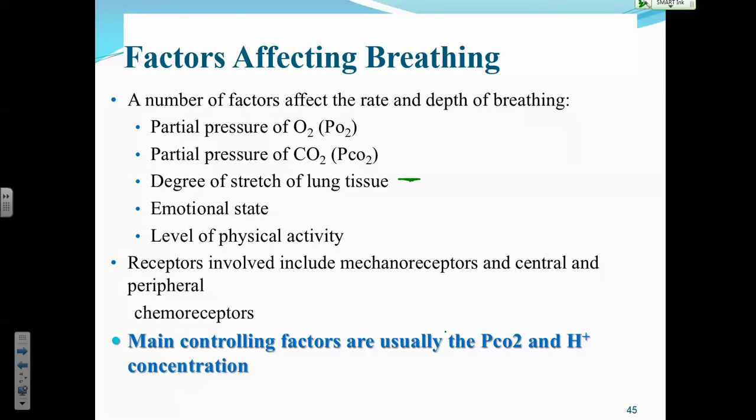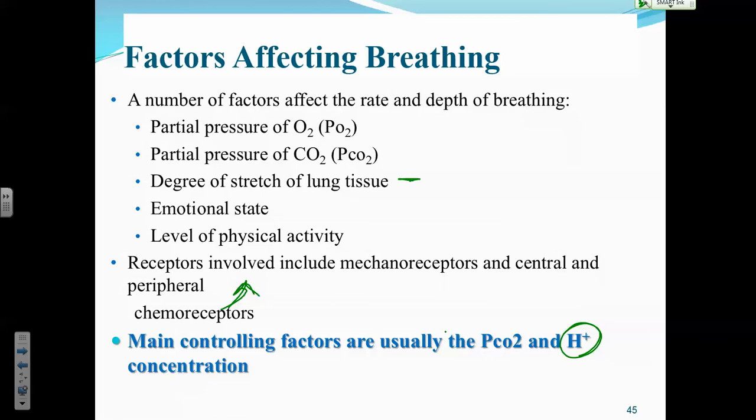And then you've also got some chemoreceptors. This should be central and peripheral chemoreceptors. That should be right up there. I don't know why it went down when I typed it. The main things, and this is what I put in blue here, are the partial pressures of carbon dioxide and, this is weird, of hydrogen ions affecting your breathing rate.